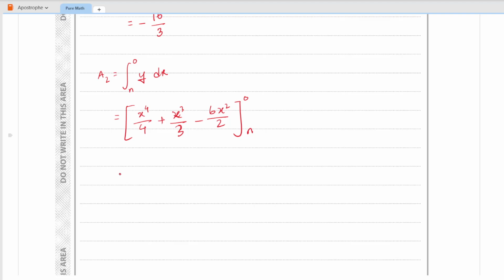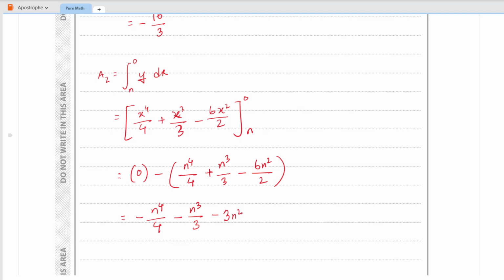When we put 0, we will obviously get 0, minus n to the power 4 over 4 plus n cube over 3 minus 6n square over 2. When we simplify this, we get n to the power 4 over 4 minus n cube over 3. Oh, sorry, this is 3, my bad. Minus cancellation, we are left with 3n squared.